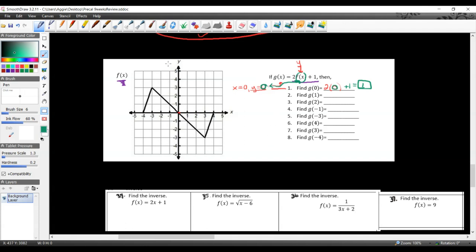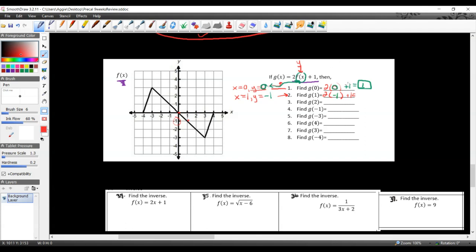Okay, let's try another one. So let's say now we're looking for when g of 1 is equal to what. So when x is equal to 1, y is equal to negative 1. So y is equal to negative 1. Okay, so that means I'm going to have 2 times negative 1, okay, and then plus 1.